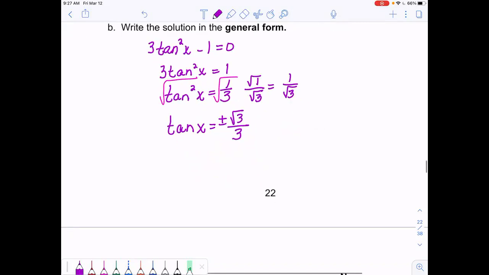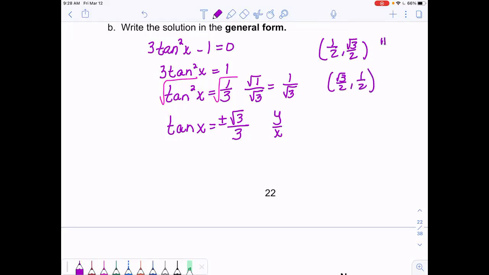Tangent's a little trickier because tangent is y over x. So we need to think of those ordered pairs. How would I get a root 3 over 3 when I'm taking y over x? This is my pi over 3 angle. Here's my pi over 6 angle. So those are our two angles.